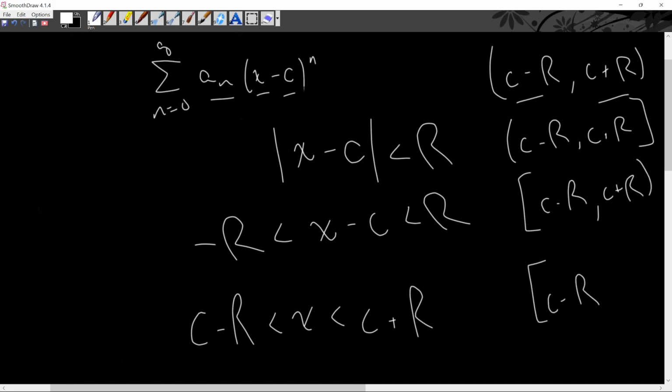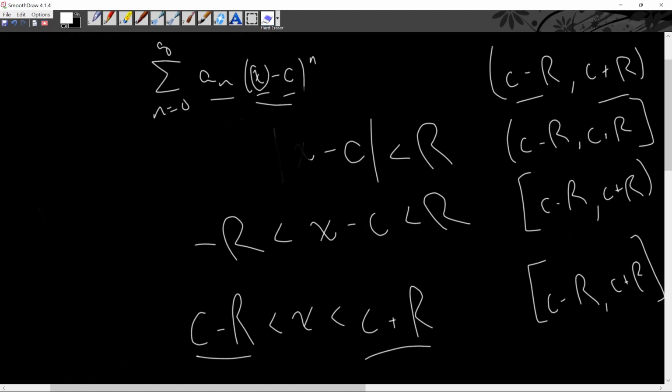So, what I mean by including the endpoint, you have to plug these new values that you get from the radius of convergence back in for x. If you plug in c plus r into here and c minus r into here, you will get different values.